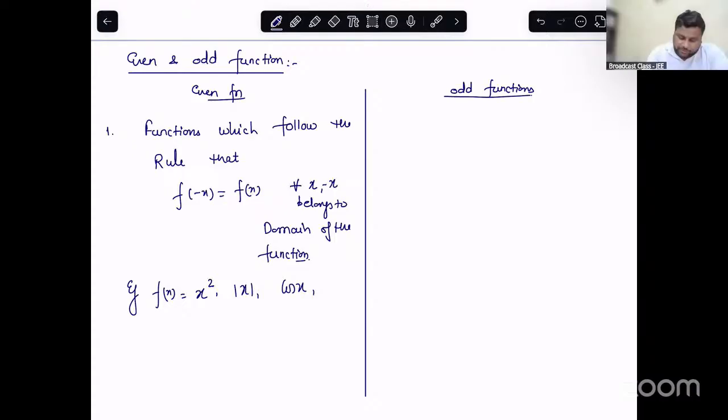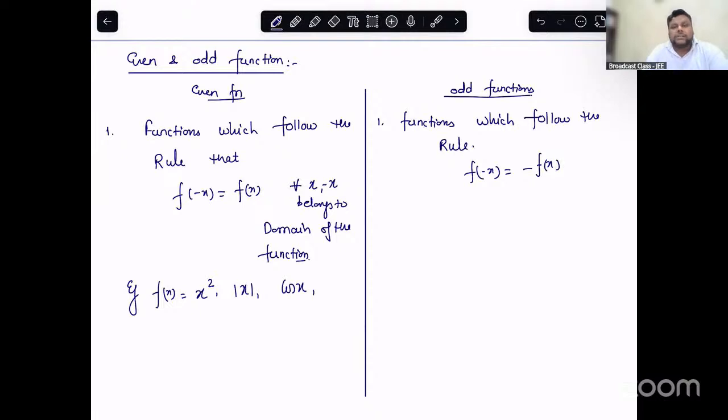Now there comes odd function. Functions which follow the rule f of minus x is minus of fx. That means if I put x as minus x, that minus comes out. These are called odd functions.